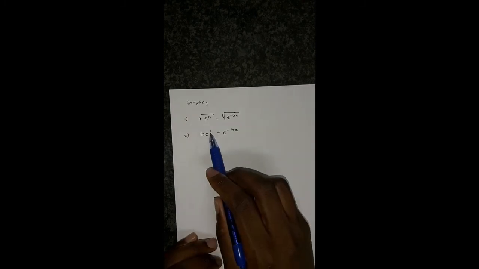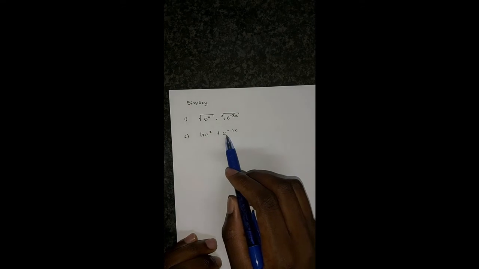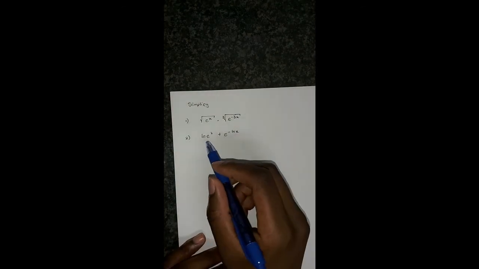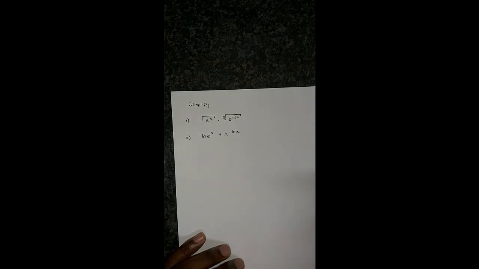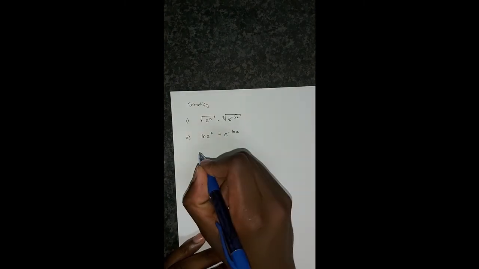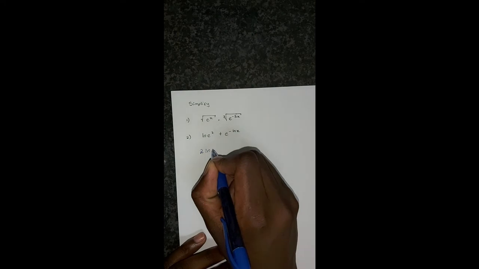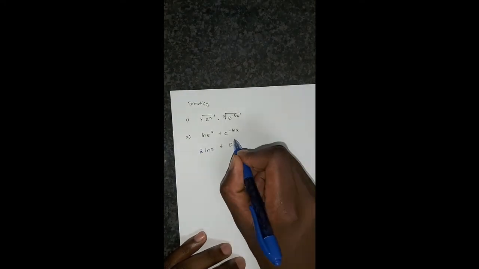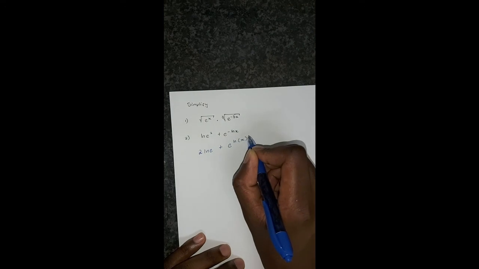Okay, and then the second one, it's ln of exponent of 2 plus exponent of negative ln x. Over here, according to the cancellation equations, I write this as 2 ln e plus exponent of ln of x to the power of negative 1.